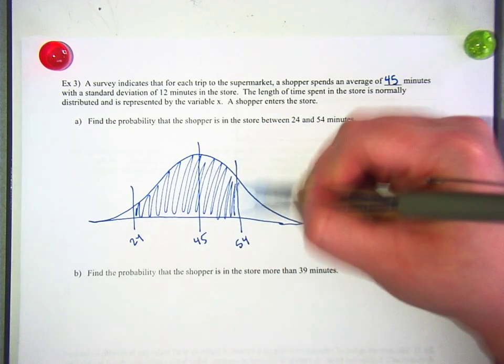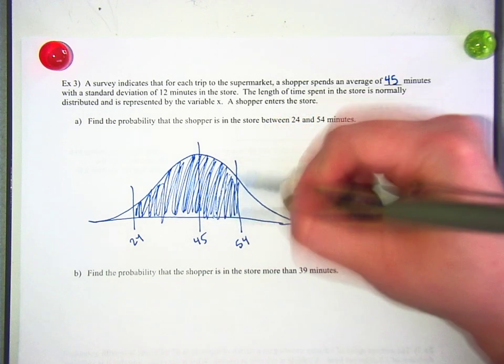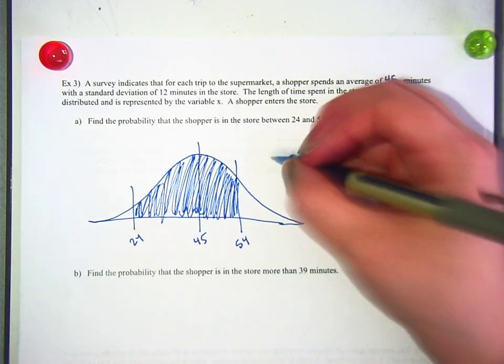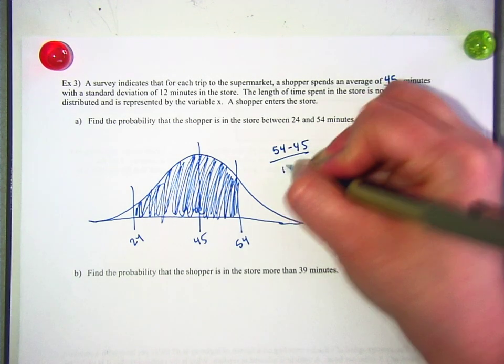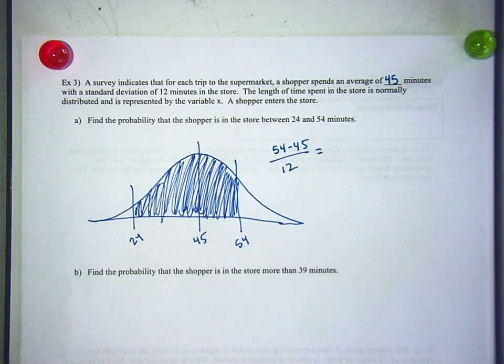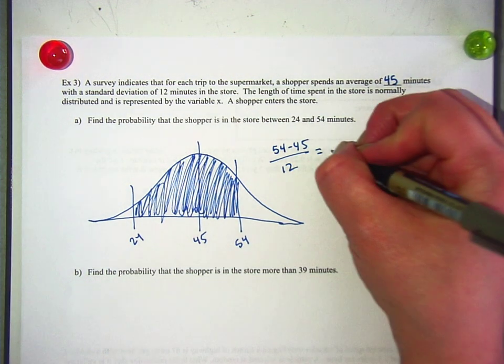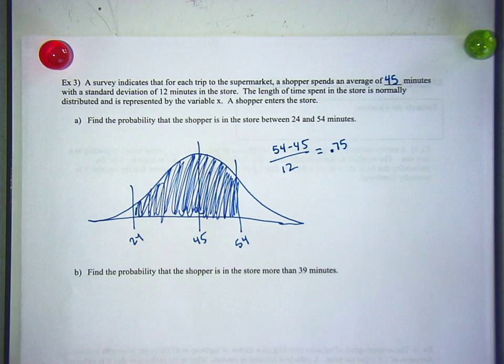All right, so tell me the plan. 54 minus 45 over 12. Okay, so 54 minus 45 over 12 is what? 0.75. Did I do that math right? Yep.